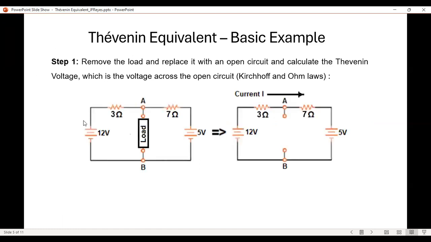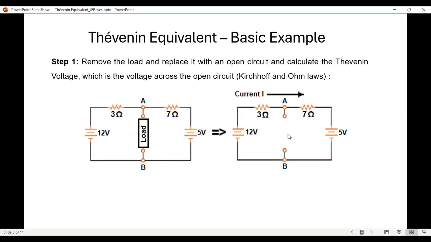As we see in the picture, we have a very simple circuit with two direct voltage sources which have opposite signs, 12 volts and 5 volts, two resistors, 3 ohms and 7 ohms, and a load tied to terminals A and B, which is the one we have to remove.